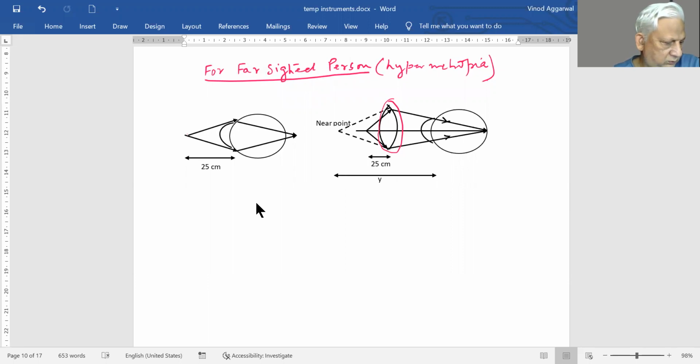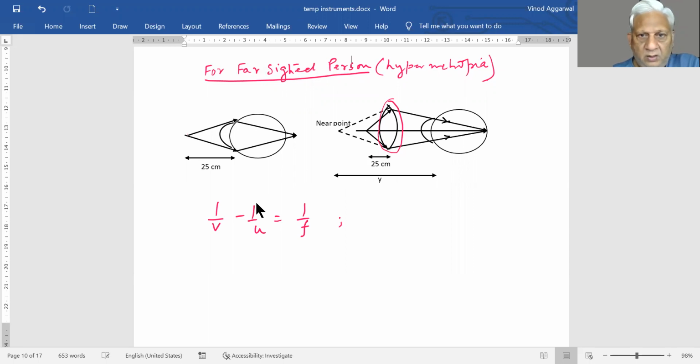Now, if we use the lens formula, if we take this distance of near point, which should have been 25 centimeters, in the case of a hypermetropic person this is more than the usual near point. Let's say it is y.